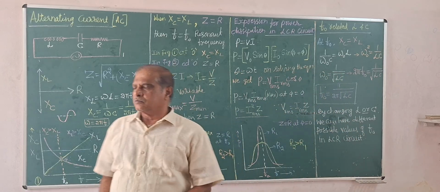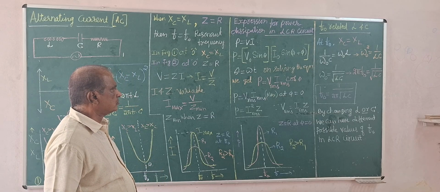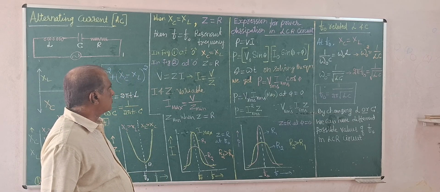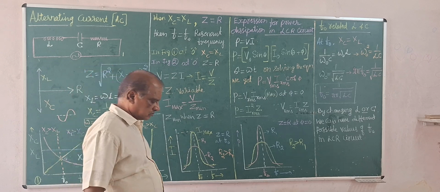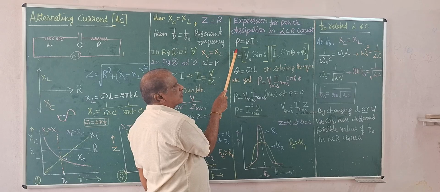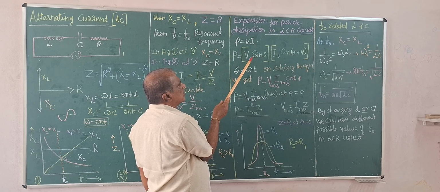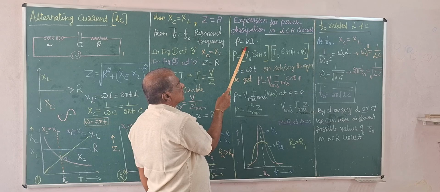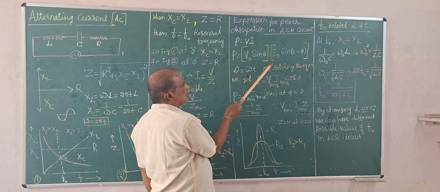Let us get the expression for power dissipation. The expression for power dissipation of this LCR, that is the usual notation for power dissipation. And in LCR, V is the voltage and I is the current.